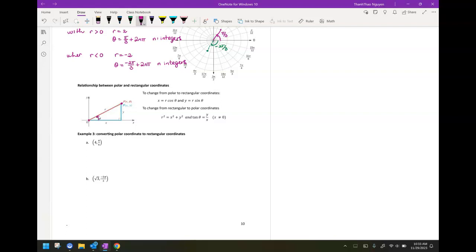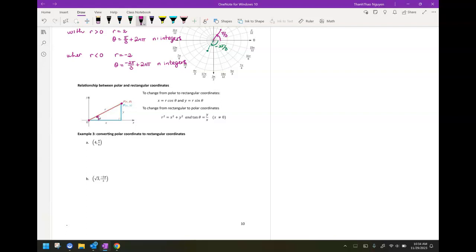I can come up with a right triangle so that the horizontal distance is x and the vertical distance is y. Using basic trigonometry, x is equal to r cosine theta and y is equal to r sine theta.